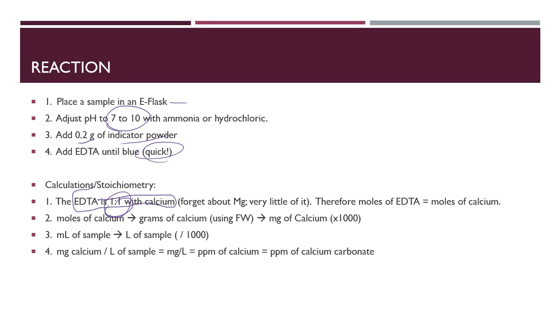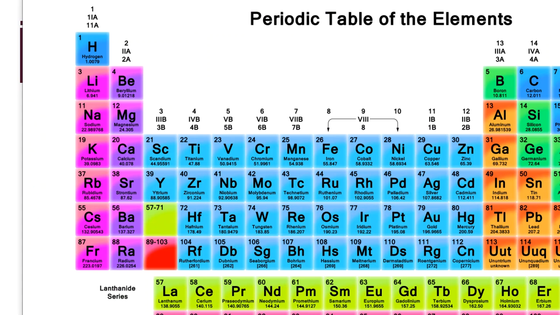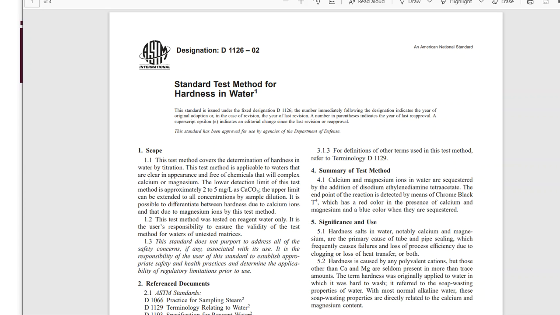Once I get the moles of calcium, I then can transfer that to grams of calcium using the formula weight. I can then transfer it to milligrams of calcium. Then if I have milligrams of calcium and I know the liter of sample that I started with, probably like 50 mils, convert it to a liter or something, then I can calculate parts per million because I now have milligrams and liters.